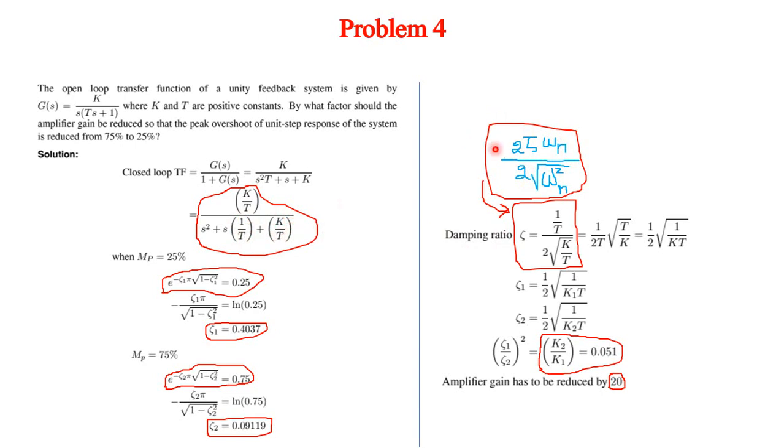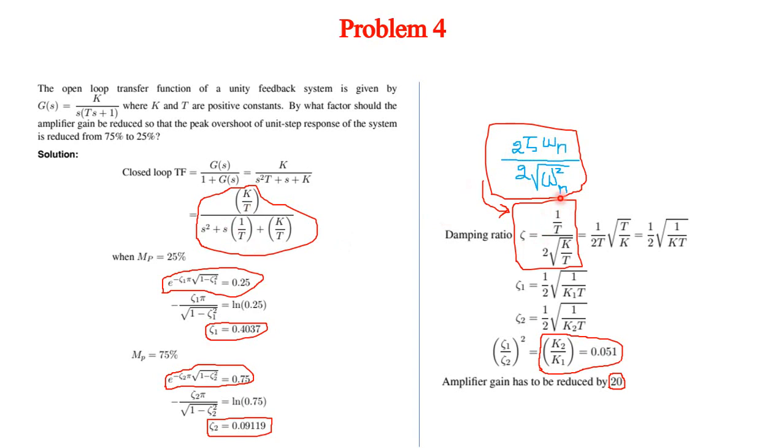If we divide 2 zeta omega n by 2 times the square root of omega n square, the omega n and the 2 cancel, leaving zeta.